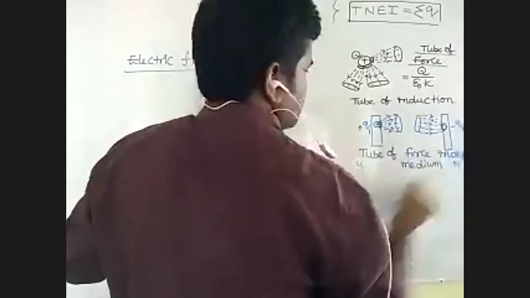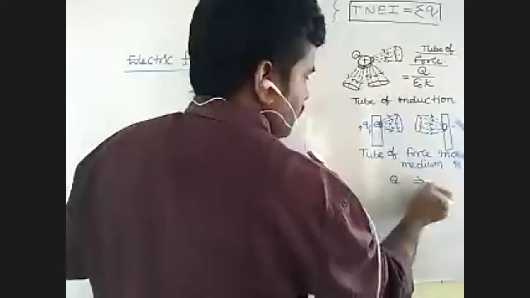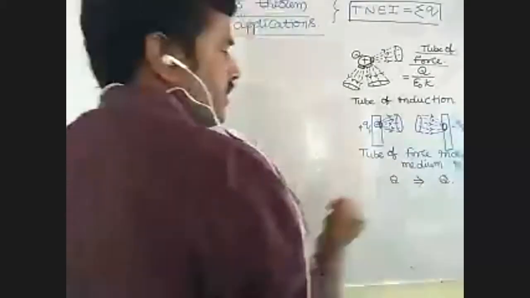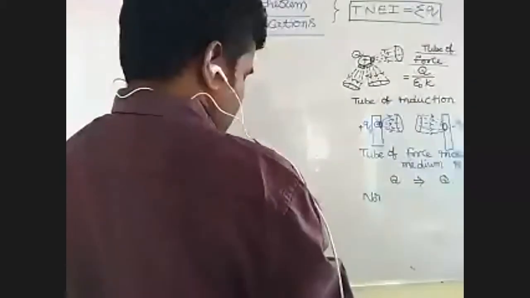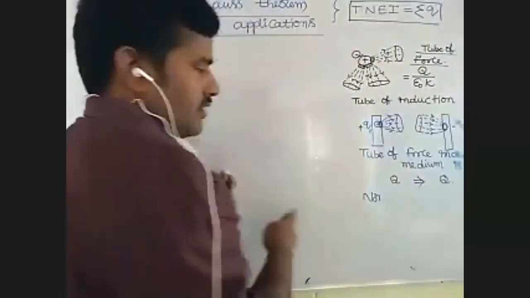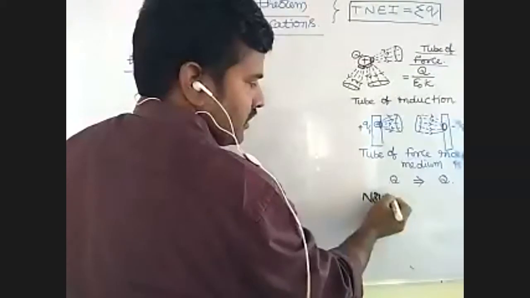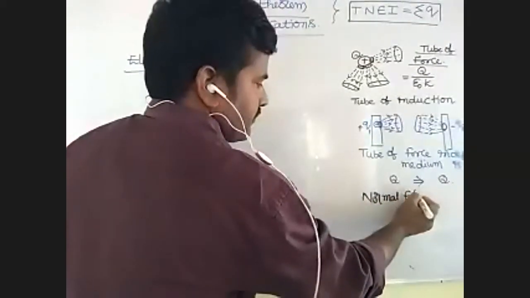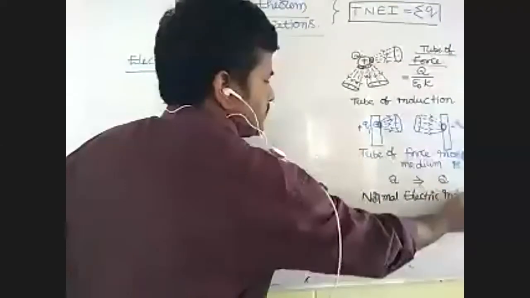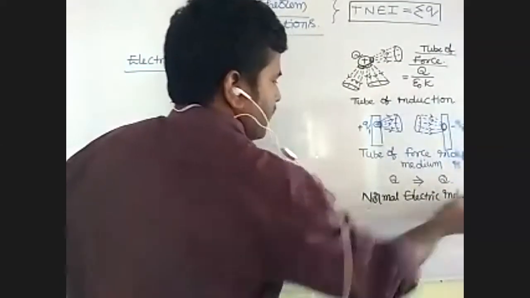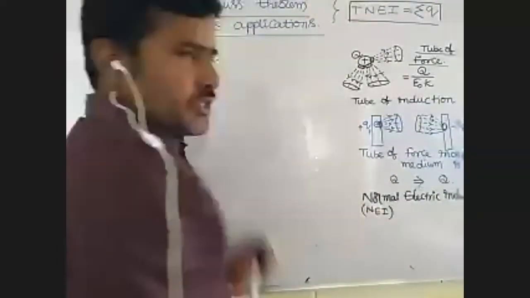A charge Q provides Q tubes of induction. Again, what is normal electric induction? Normal electric induction is nothing but NEI, the number of tubes of induction. This charge Q provides tubes of induction. These are tubes of force, but when the tube of force is independent of the medium, it is called the tube of induction.